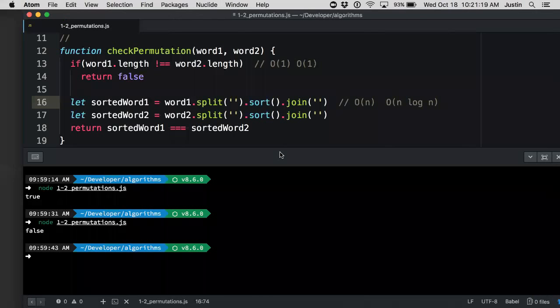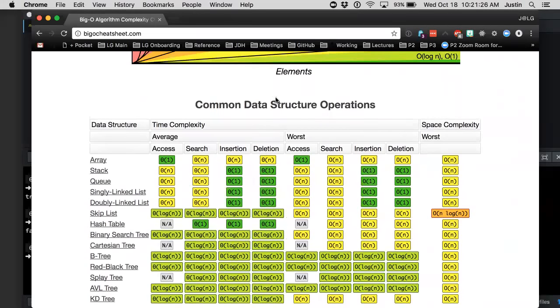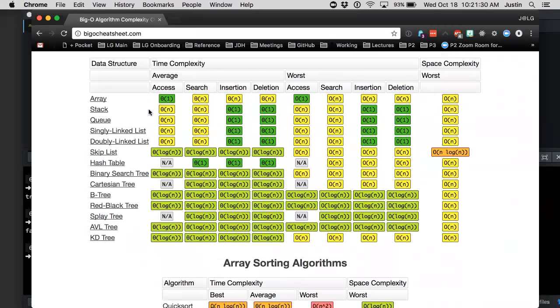Is this sign only for JavaScript? Nope. For any language, this is talking about different data structure operations and sorting algorithms. So with an array, in most programming languages, the time complexity of access is going to be constant.